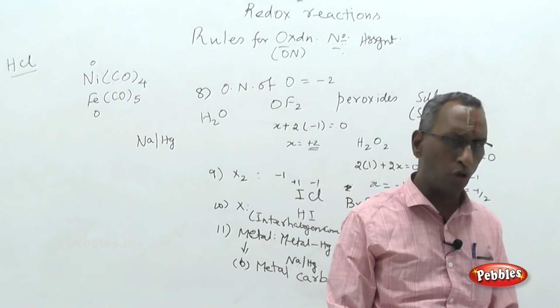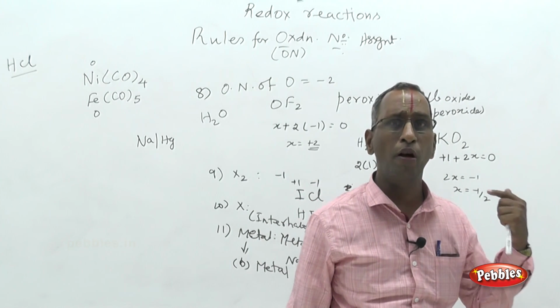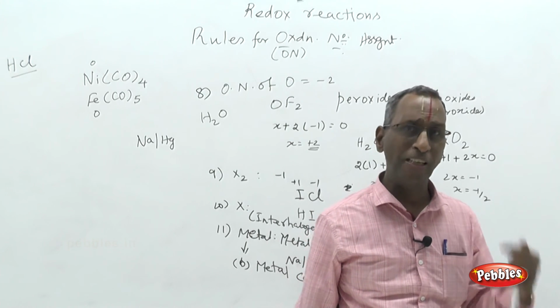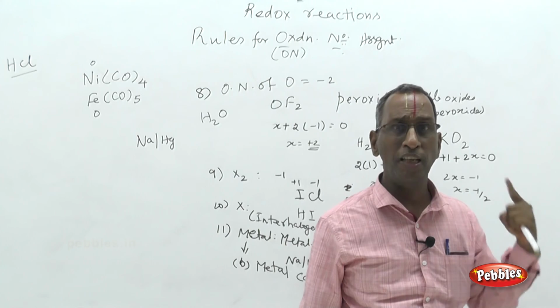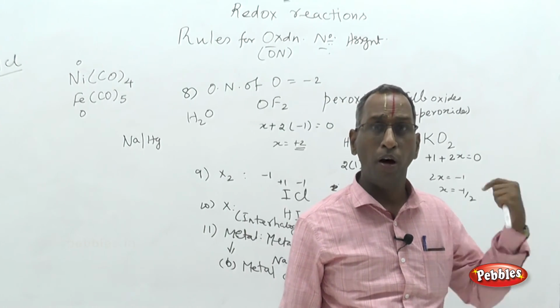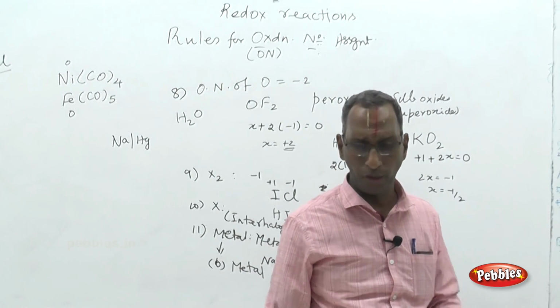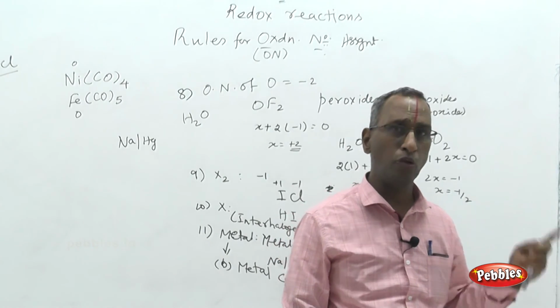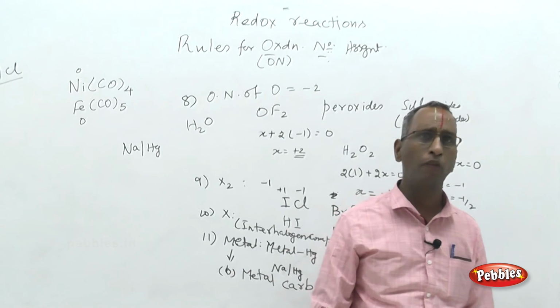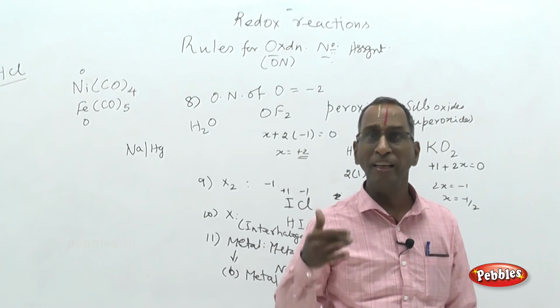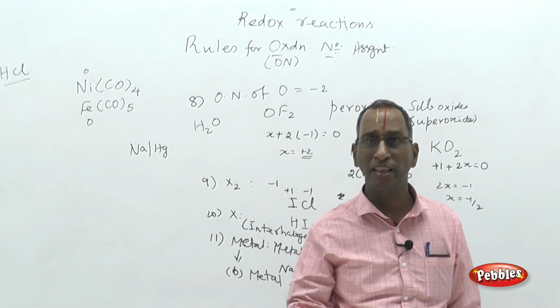So these points are to be noted in the calculation of the oxidation number of a particular element in a compound. We have also seen that an oxidation state can be negative or even a fraction, with some examples. What is the significance of calculating the oxidation number?